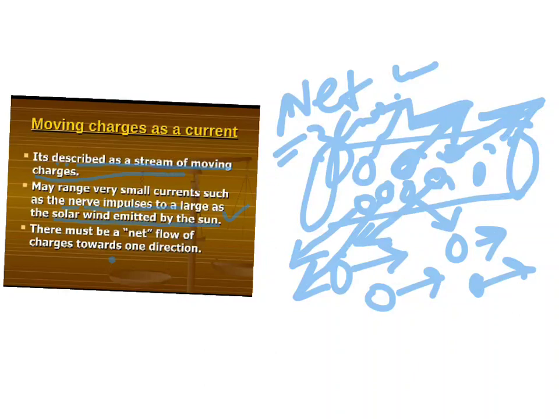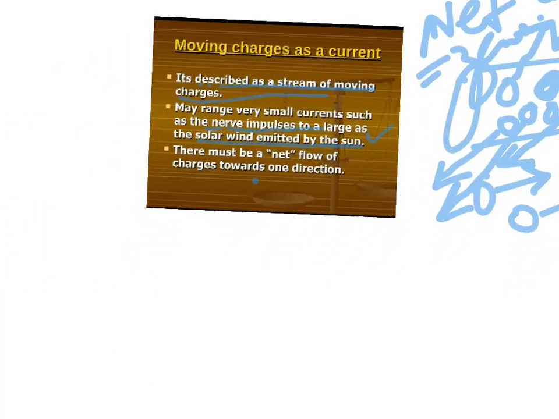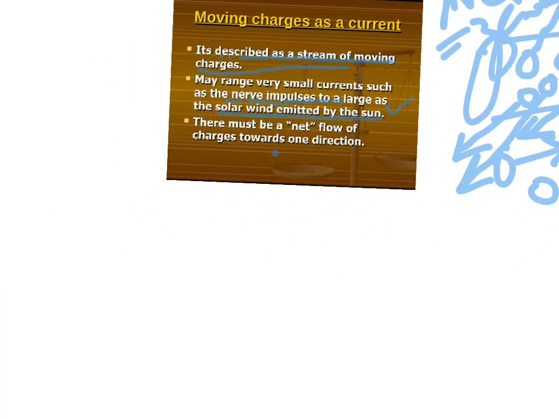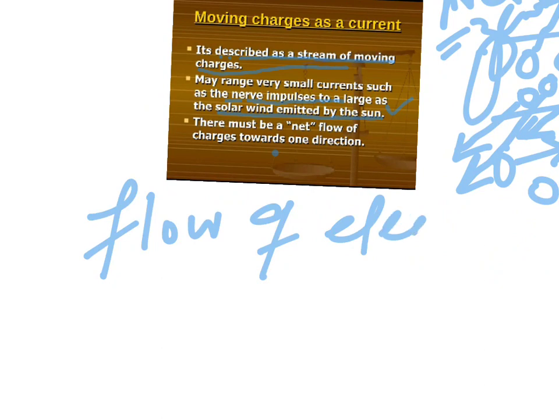So we have to refine the definition of electric current. Electric current is not simply the motion or flow of electrons. Electrons must flow in an orderly fashion and in a particular direction. So we have to refine the definition of electric current a bit. It must be a flow of electrons.